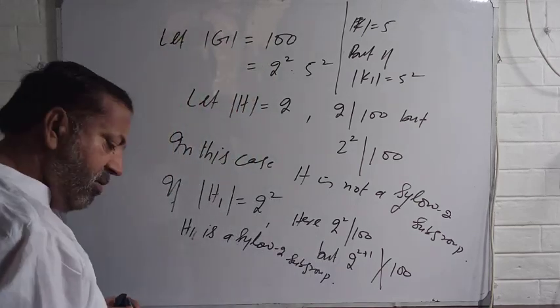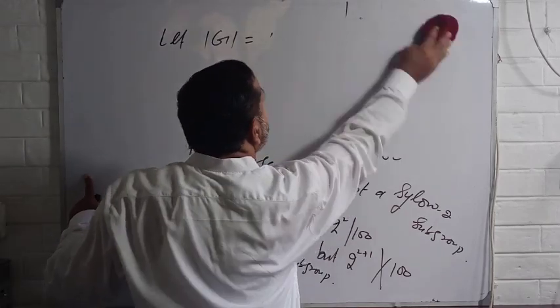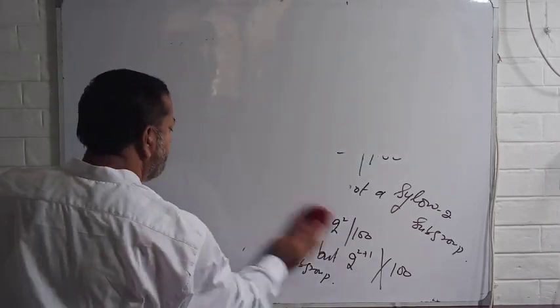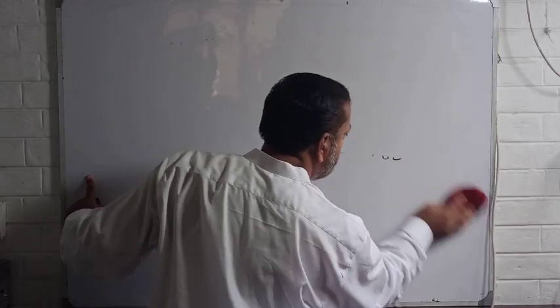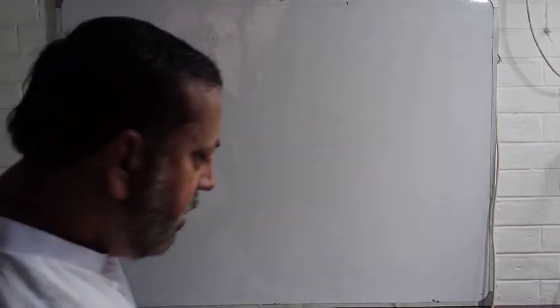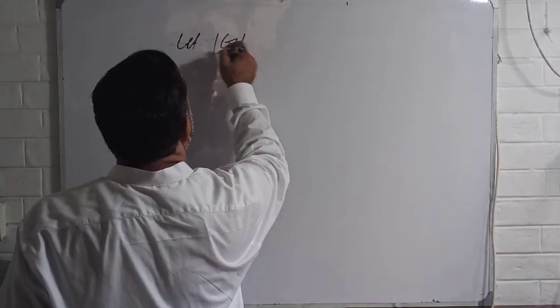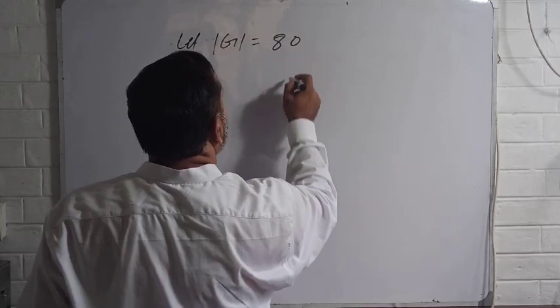Okay, so let's have some other examples. Let order of G be equal to 80.